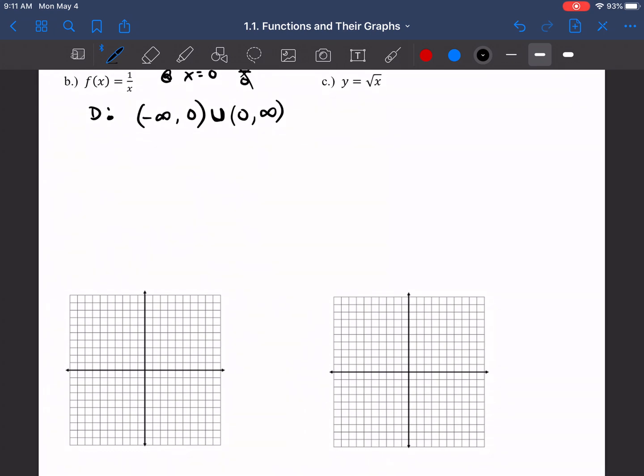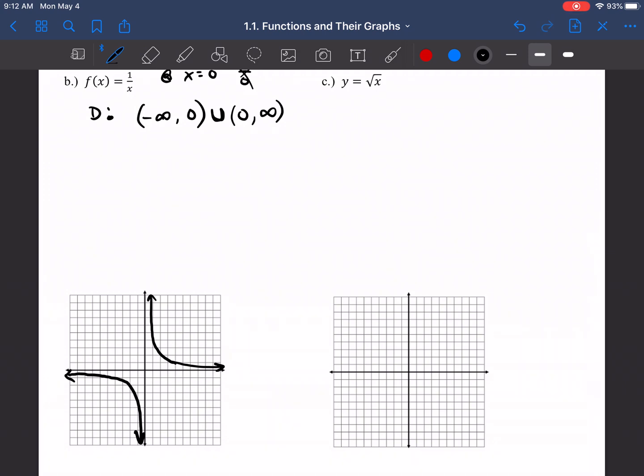Next, we've got the graph for this. This graph should be something you're going to get familiar with, and it's going to look like this, and then like this. Just a quick little sketch.